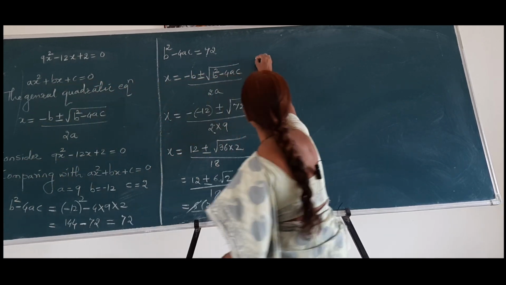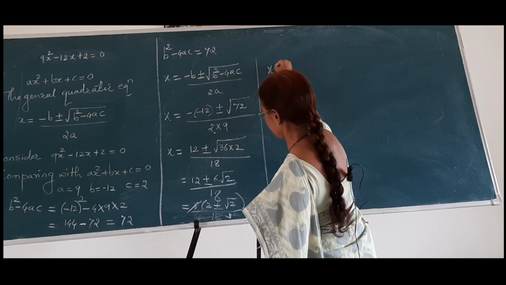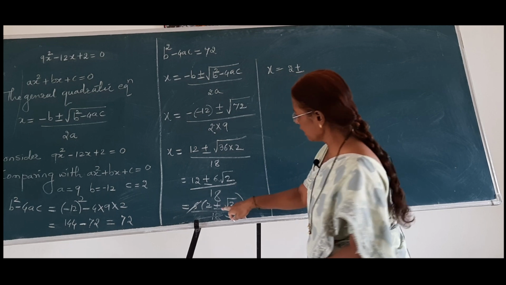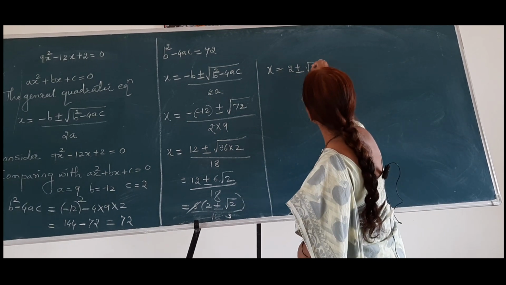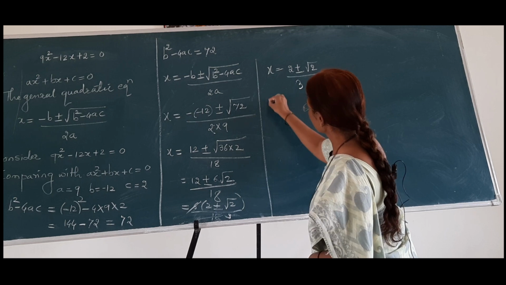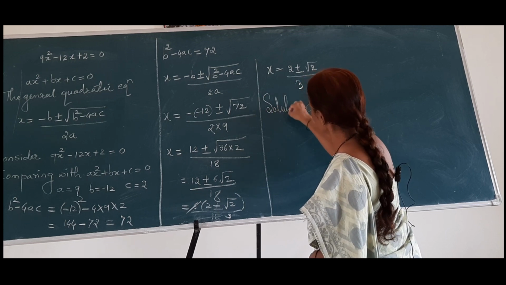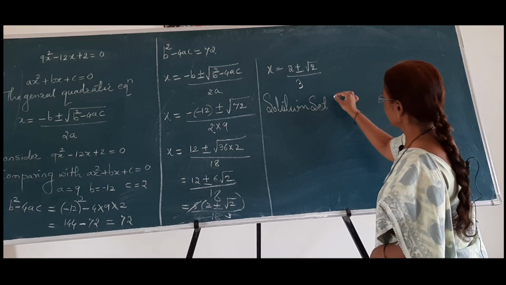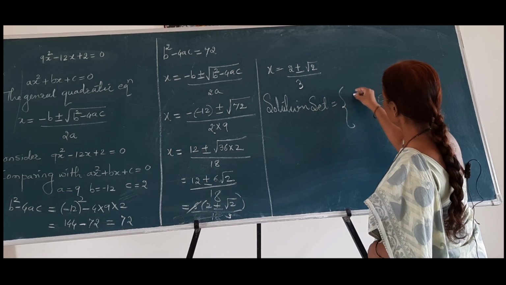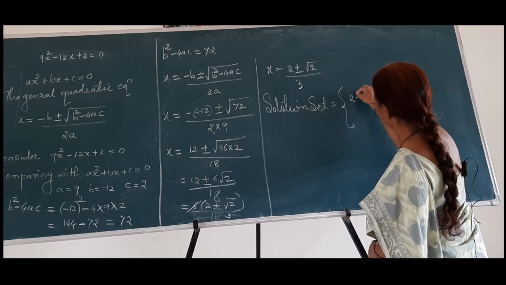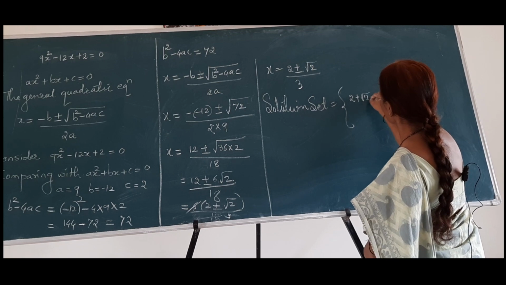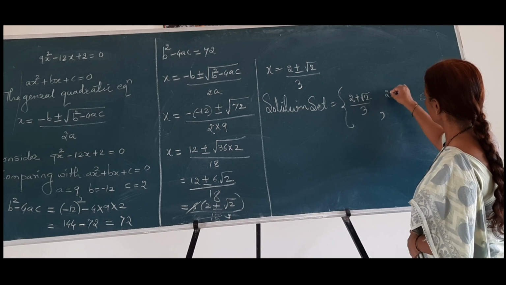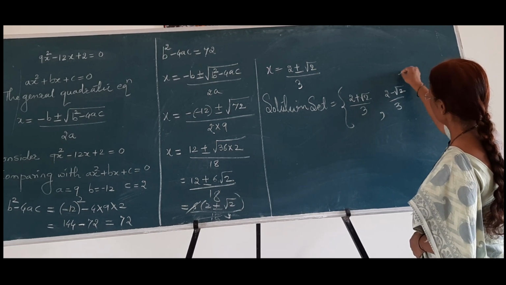Means finally you got the answer as x is equal to 2 plus or minus square root of 2 upon 3. Means the solution set will be equal to: first consider the positive sign, 2 plus root 2 upon 3, comma, now minus we have to consider, 2 minus root 2 upon 3.